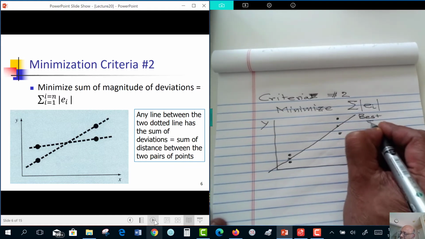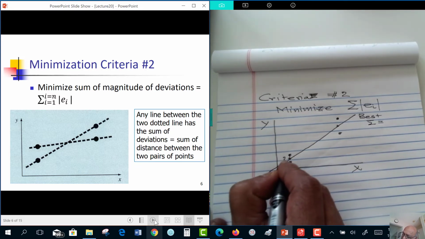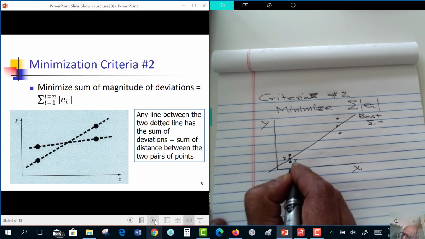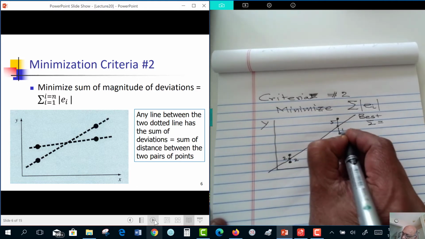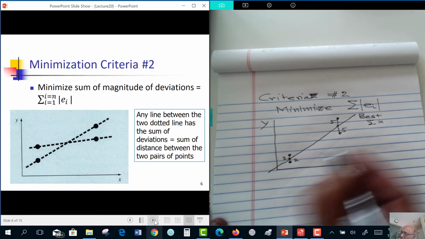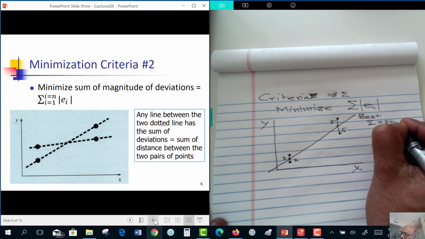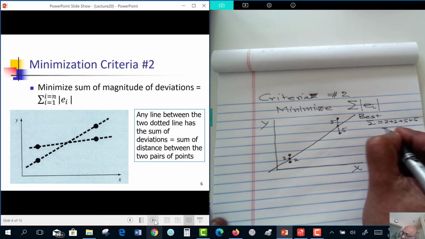So let's see what is the sum of deviations here. Let's say this is 2 units, this is 2 units, this is 5 units, this is 5 units. Remember, we are not paying attention to sign of the deviation anymore. So our total deviation would be 2 plus 2 plus 5 plus 5, which is 14.